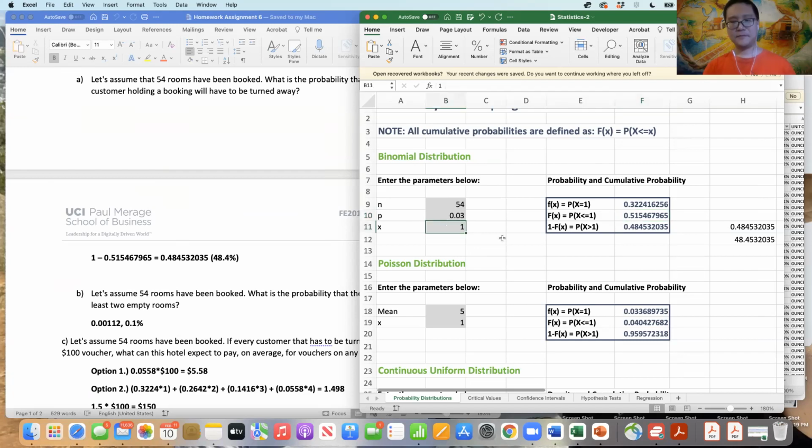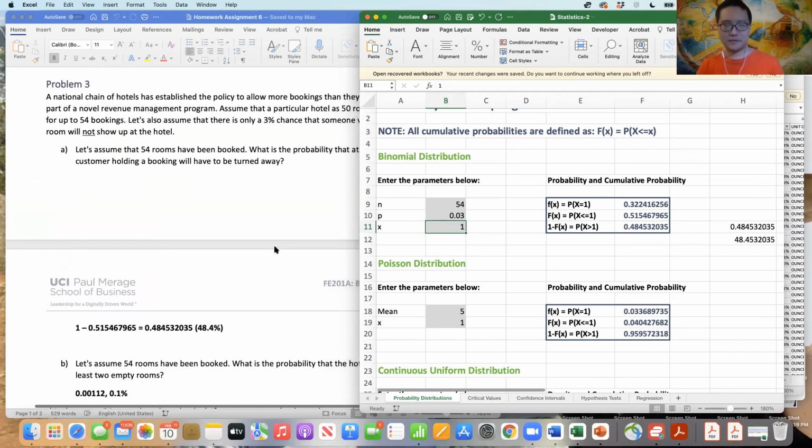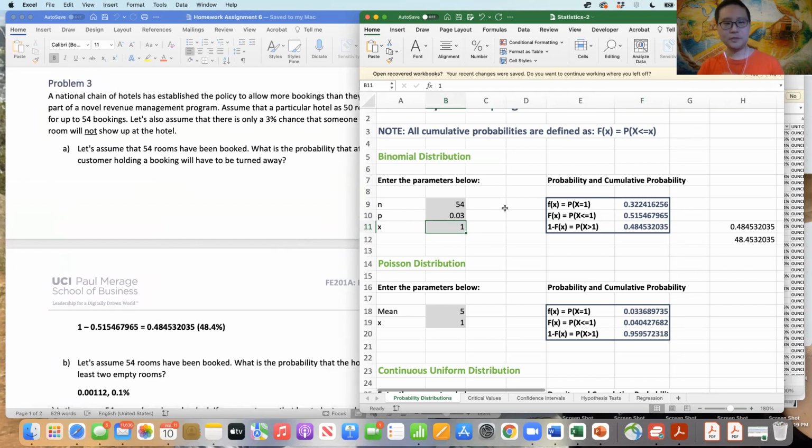Note that here, all the X represents people, the number of people, right? It doesn't mean the number of hotel rooms. So if we want to find out the chance of at least one person not having a room, that means all the 50 rooms are booked. That also means there are already 50 people booking the hotel.